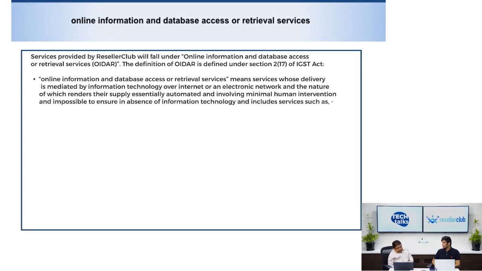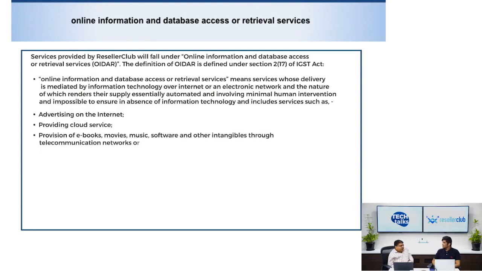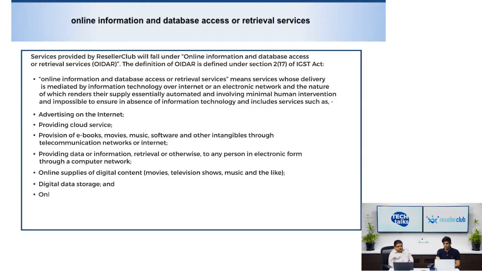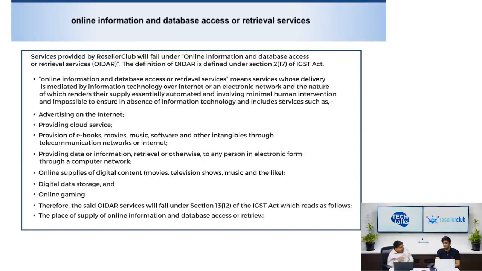All the services which are being supplied by Reseller Club and which are online services are considered as online information and data retrieval services, and are governed under Section 2(17) of the IGST Act. It is more descriptive, and again this is purely information. If somebody has any questions on that, we can definitely take them.